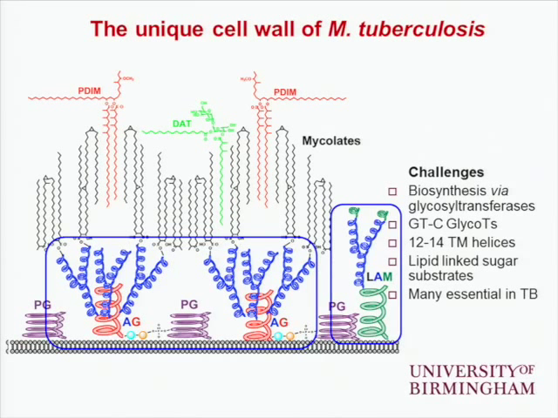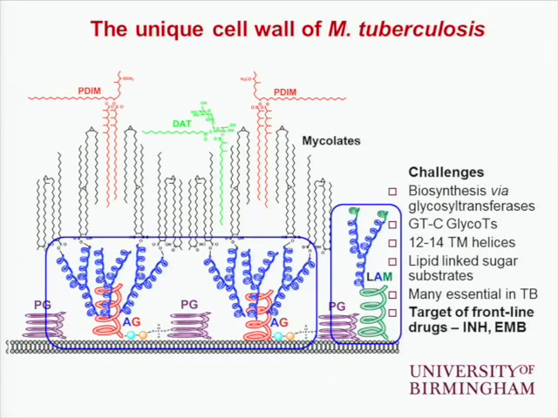These tend to use lipid-linked donor substrates and tend to be membrane proteins. In addition, a lot of these enzymes are essential in tuberculosis. So in terms of generating conventional mutants, it's very difficult to study the physiology of the Mycobacterium tuberculosis cell wall in a conventional manner.